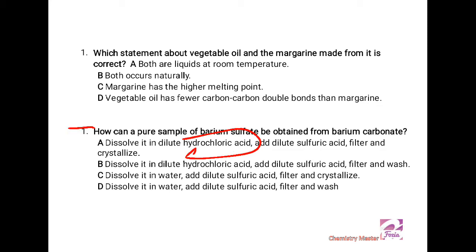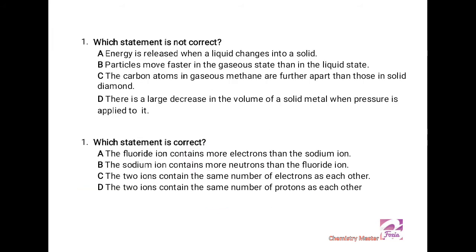Although barium carbonate is sparingly soluble in water, it will be dissolved, and dilute sulfuric acid will be added into it. It will be filtered because barium sulfate is insoluble in water, and finally it will be washed. So option D goes the most sensible.